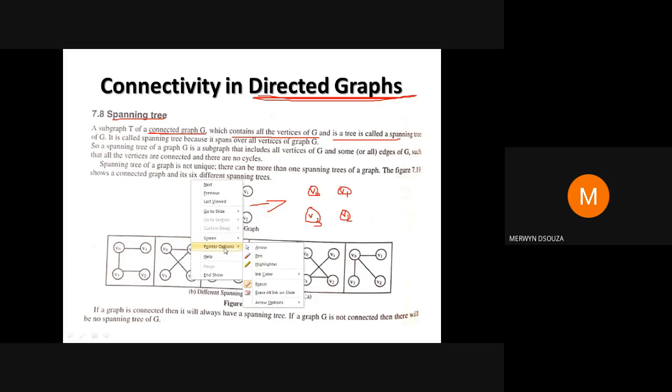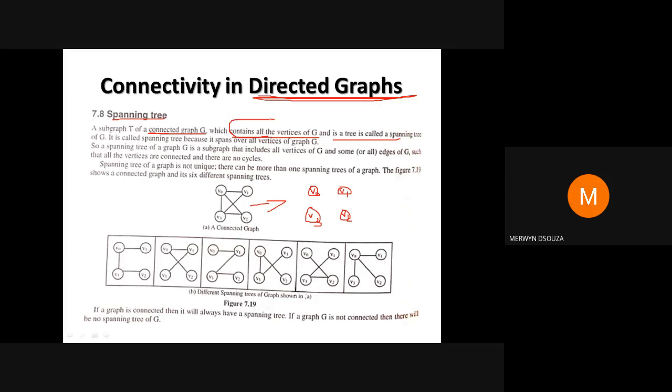What you're going to do is first draw all the vertices, because a spanning tree contains all the vertices. The second definition says it's a tree, and we have just seen a tree contains no cycles. So we have to include the edges from the original graph into this diagram as long as they do not form any cycles. So we start by including this edge.